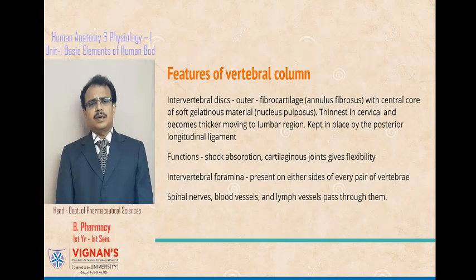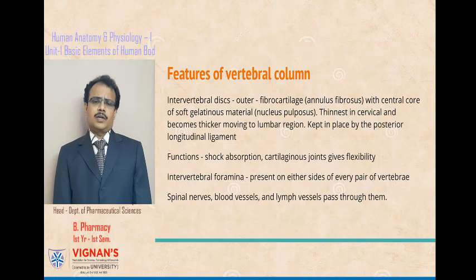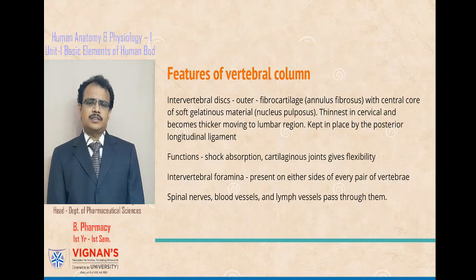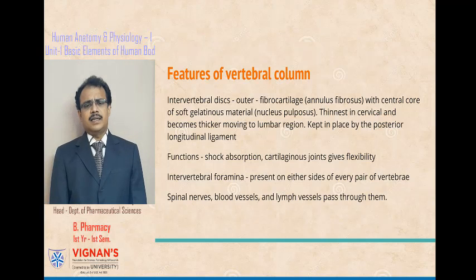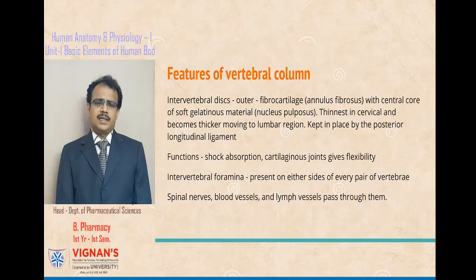This intervertebral disc is a fibrocartilage, which has a tough outer rim made up of fibrocartilage, which is called as annulus fibrosus, with a central core of gelatinous material, which is called as nucleus pulposus. And this intervertebral disc is thinnest in the cervical vertebrae and is thickest in the lumbar vertebrae.